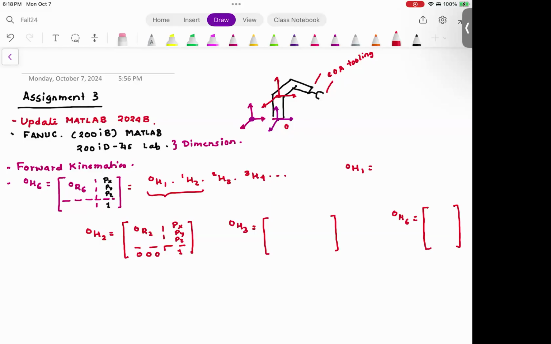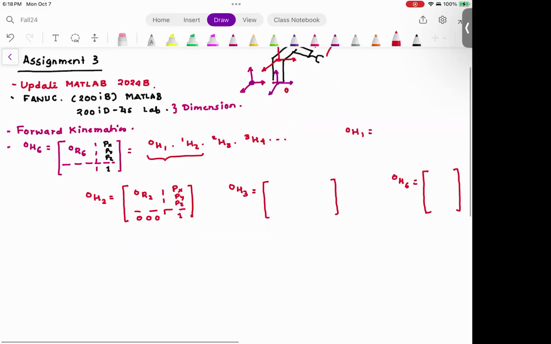The question is, how do you ensure the orientation is correct? I will let you think about this. There is a different orientation in each joint, right? I have two choices: I can give you the answer, or I can let you try to find the answer yourself.